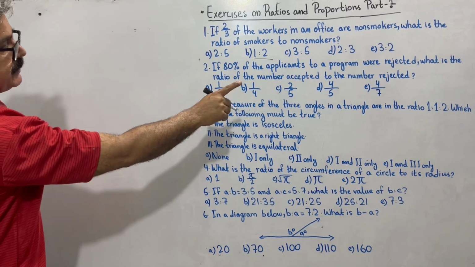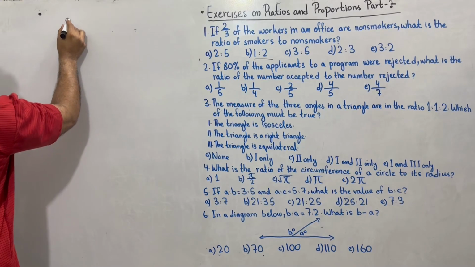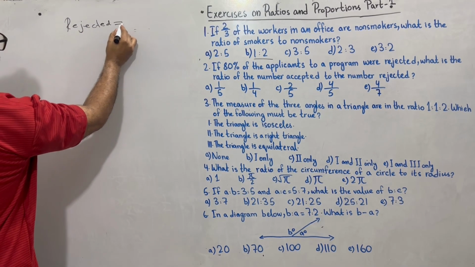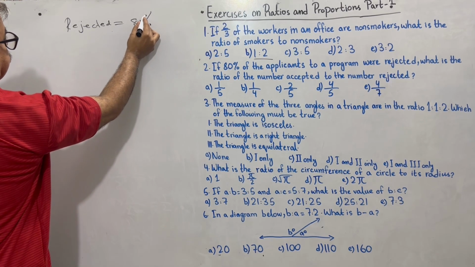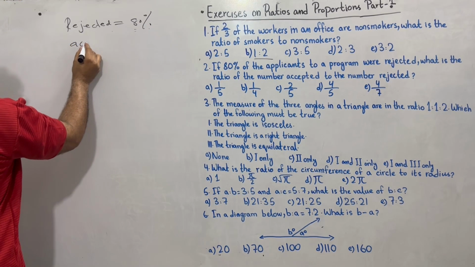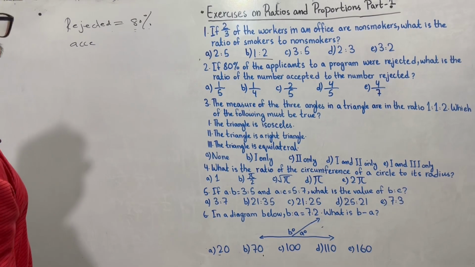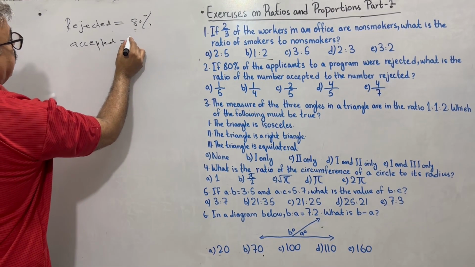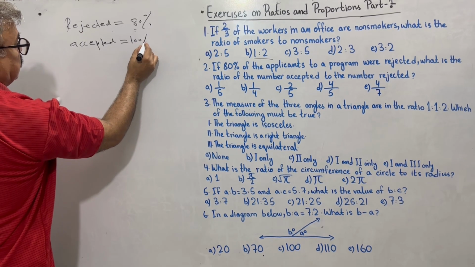Rejected are 80%. So accepted must be 100 minus 80, where the total is 100.